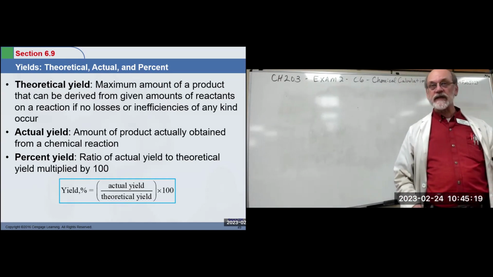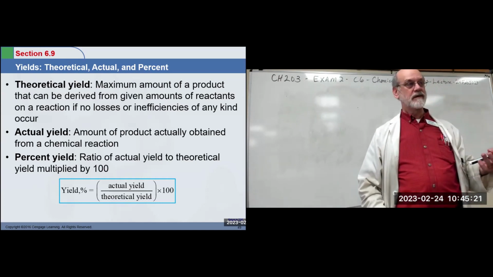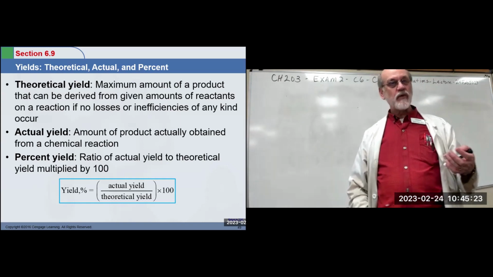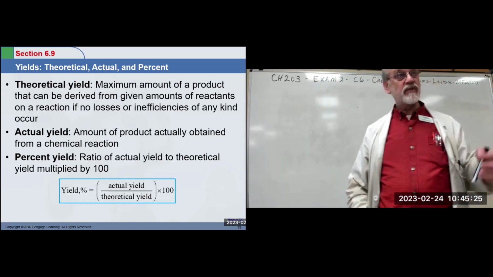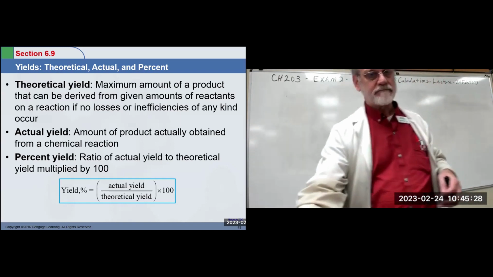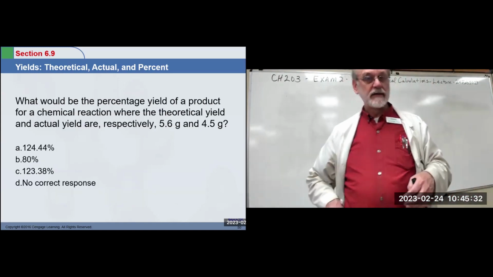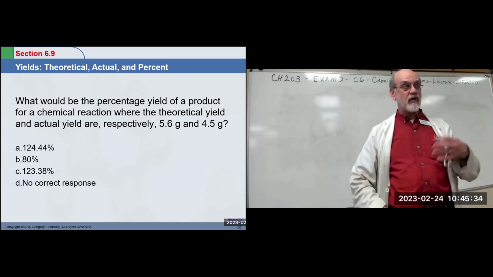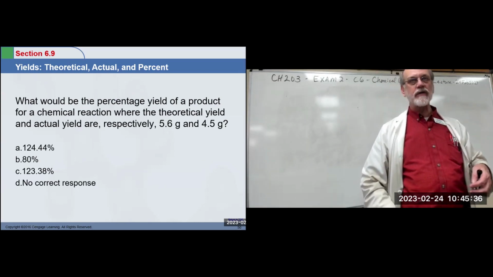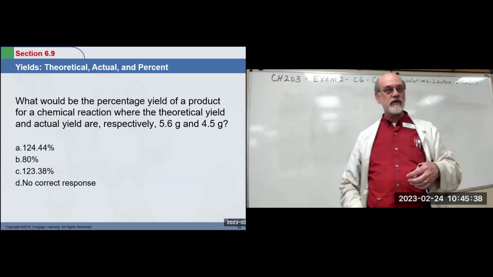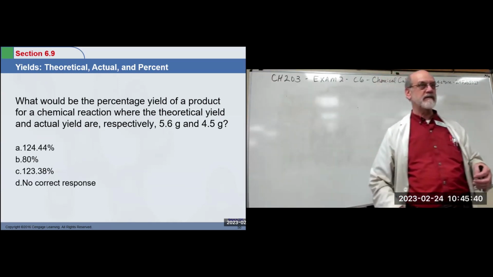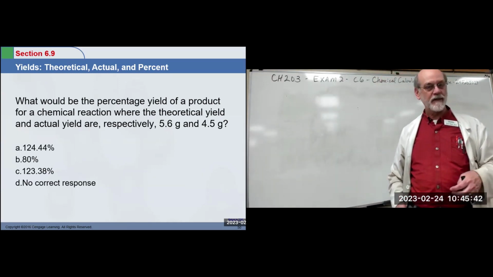He eventually got to 15%, and that was great. Some reactions, you can get 90% or better. But you have to take that into account when you're actually producing a product. And the higher the yield, the better, and the happier your supervisors are if you can do it as a chemical engineer.